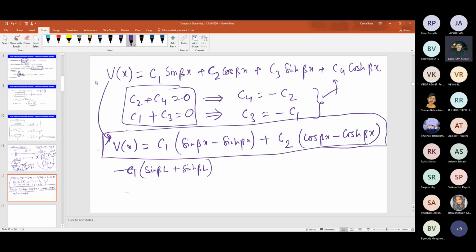So minus C2 bracket cos beta L plus cosh beta L equals 0. I can write this too, class, right? Yes, sir. Next one.